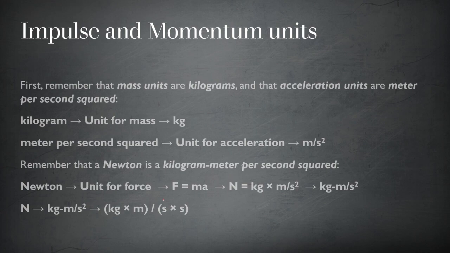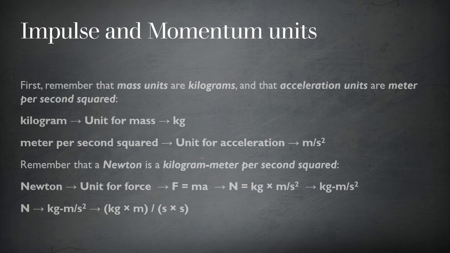To clarify the usage of units, first remember that mass units are kilograms, and acceleration units are meters per second squared. These are the units we usually use from our previous problems.